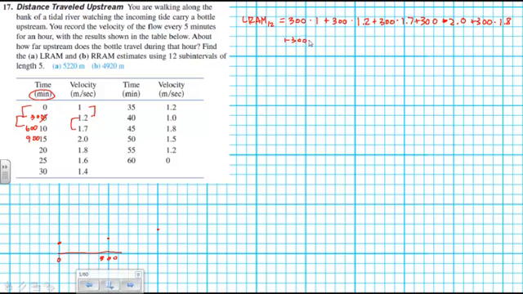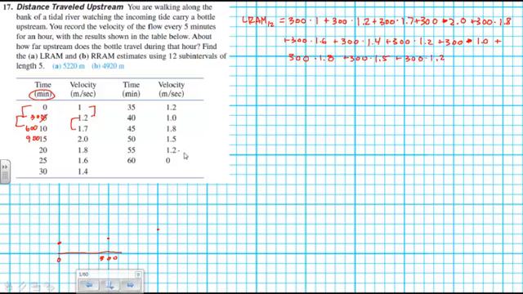plus 300, the width, times the height of 1.6 plus 300 times 1.4, 300 times 1.2 plus 300 times 1.0 plus 300 times 1.8 plus 300 times 1.5 plus 300 times 1.2.